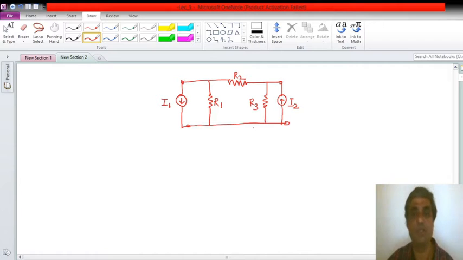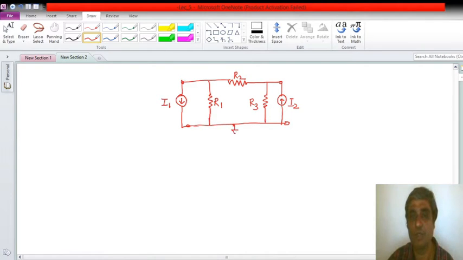Now let us apply the steps we have been seeing. First step is to identify the reference node, and generally you can select it on your own. There is no rule, but try to select the node where the maximum number of elements are meeting. Let us take this node. How many elements are meeting? 1, 2, 3 and 4.